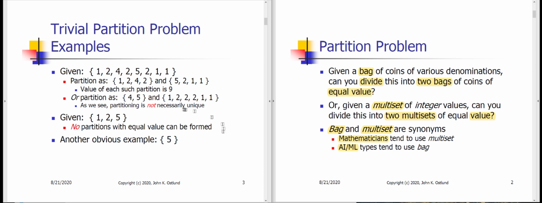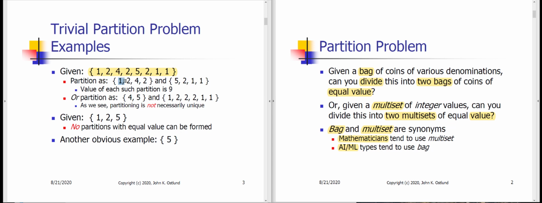Okay, so as an illustration, let's suppose that we have a bag containing these coins: 1 cent, 2, 4, 2, 5, 2, 1, 1. And we want to know, can we split that into two subsets, two sub-multisets, where the sum of the values in each of the multisets matches the other?